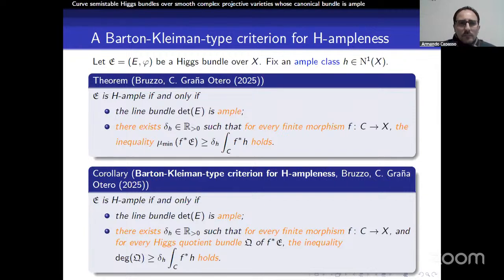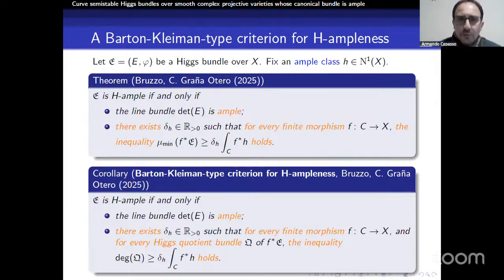E is Higgs ample if and only if the determinant line bundle is ample, and there exists a real positive number delta H, such that for any finite morphism f from an irreducible smooth projective curve C to X, the inequality minimum slope of the pullback of E over C is greater or equal than delta H times the degree of the pullback of H over C.